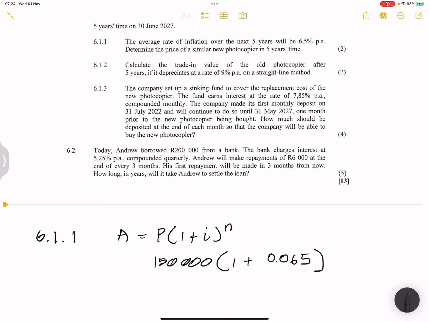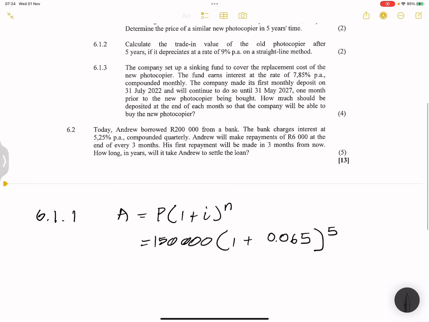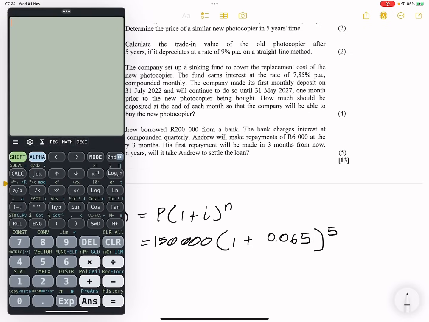And of course, we wanted to know how much that will cost in 5 years. So we're just going to pull out our calculator. That's 150,000 times (1 + 0.065) to the exponent 5.